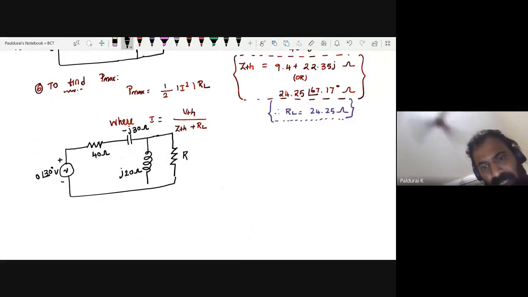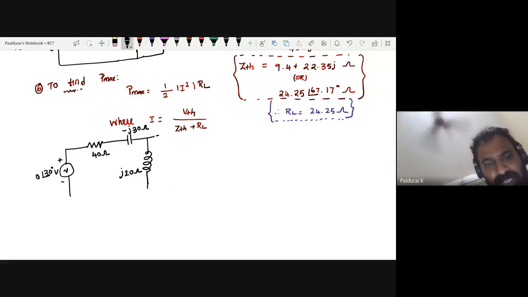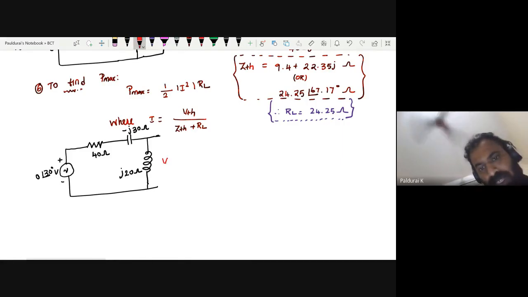So this is the given circuit. In order to calculate VTH, you want to open the load. The load is opened. Now what is VTH? Open the load and find the voltage across it. So VTH equals the voltage across J20 ohm. This time it's very simple.